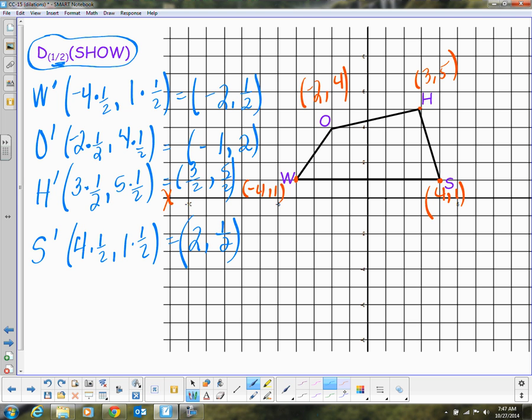So now if we go to plot this, we're going to go -2 up 1/2. That is going to be W prime. We're going to go -1 up 2. That is O prime. We're going to go over 1 and 1/2 up 1, 2 1/2. That is H prime. And then we're going to go from here over 2 up 1/2, and that's S prime. So this would be its image.